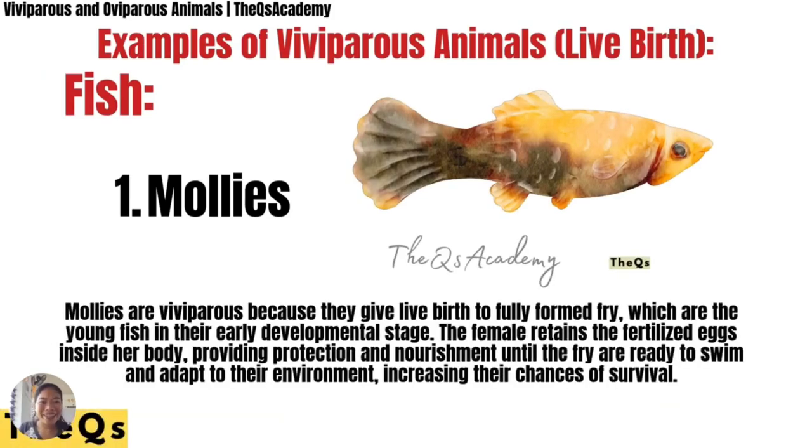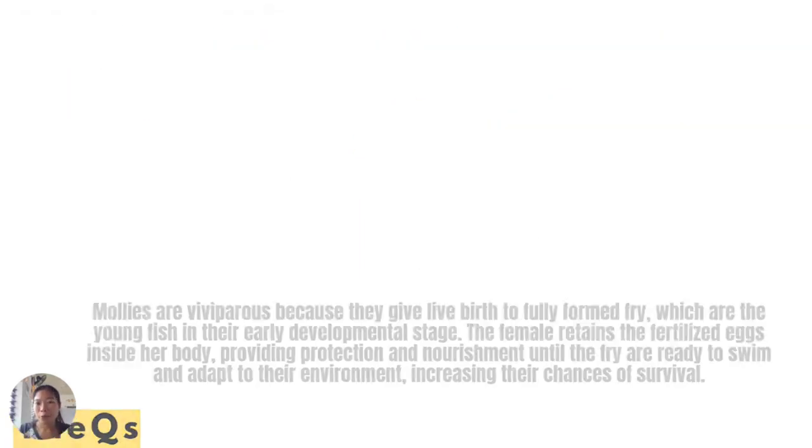Here, mollies. Mollies are also a kind of fish, but they are also viviparous. They give live birth to fully formed fry. So remember, fish like mollies and guppies are viviparous.